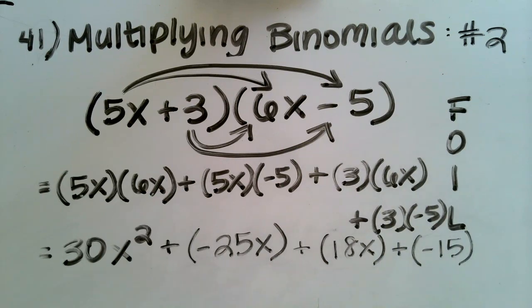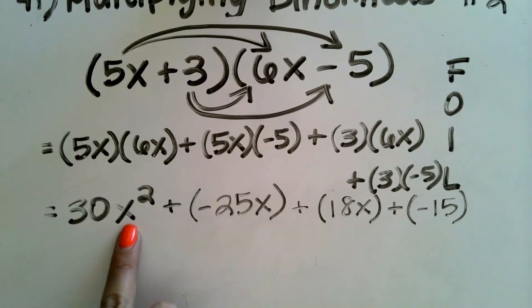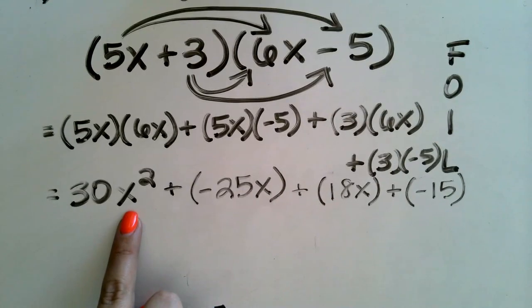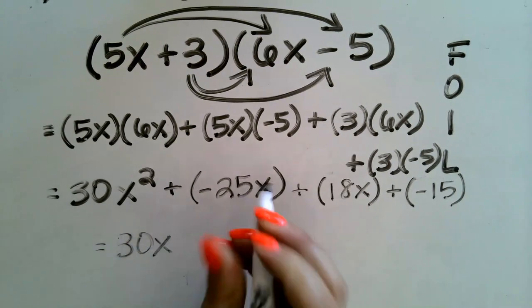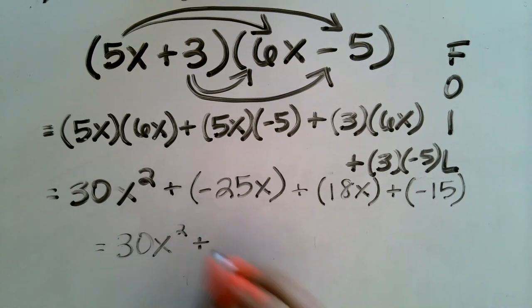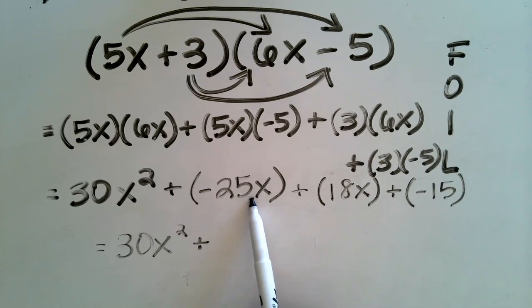Now, our job is to combine those like terms. We know that there's nothing that we can combine with our 30x squared, so let's just bring that down. Plus, let's add these two together, negative 25 plus 18.